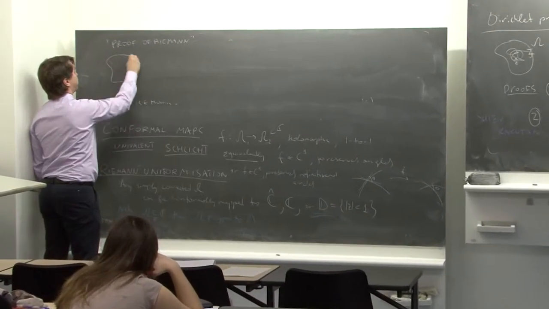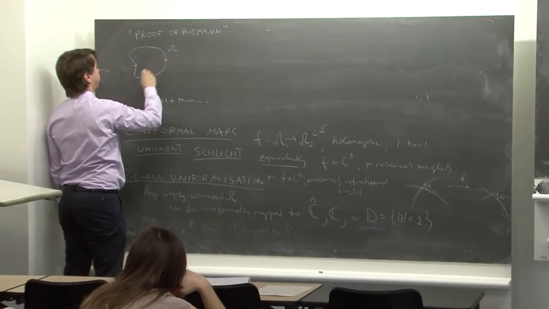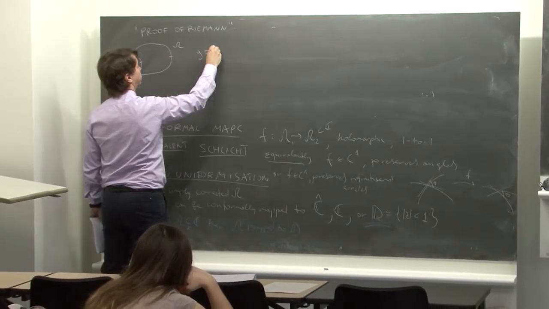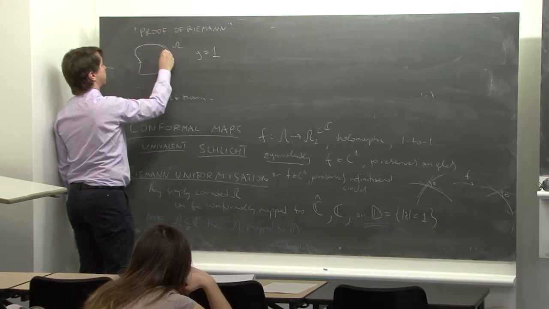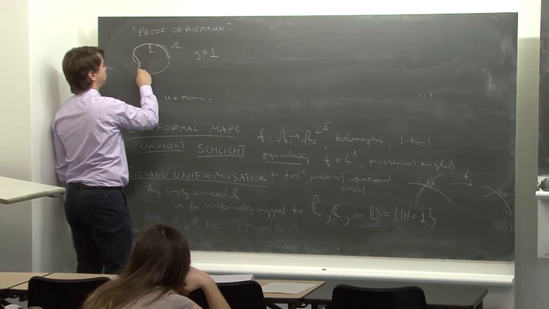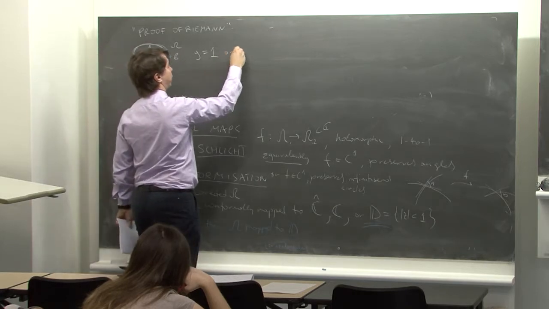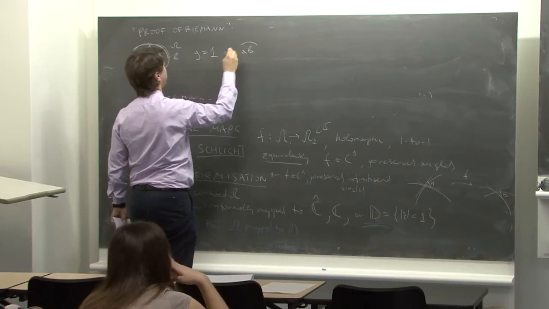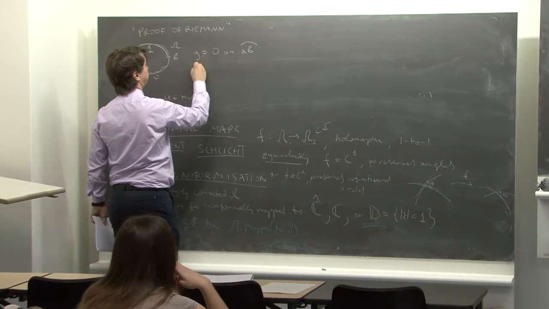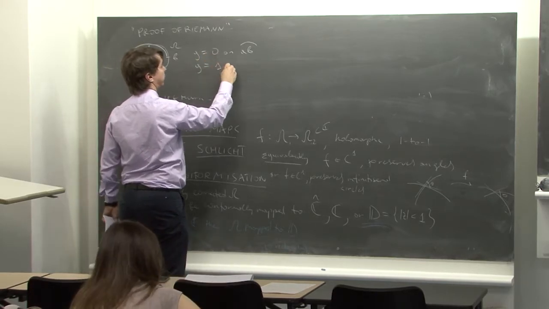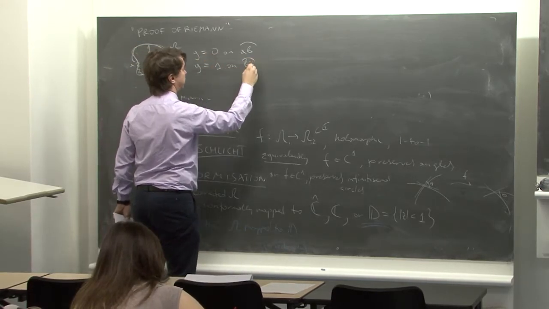So let's take a domain omega, and let's take g equal to 1 on this arc, and g equal to 0 on the other arc. So there are 2 points A and B. On arc AB, it's 1, and on arc BA it's 0.